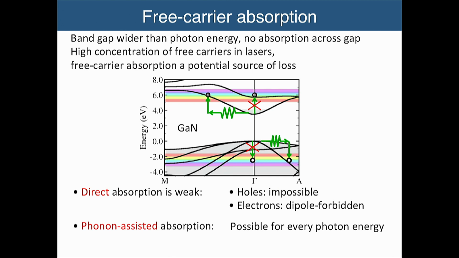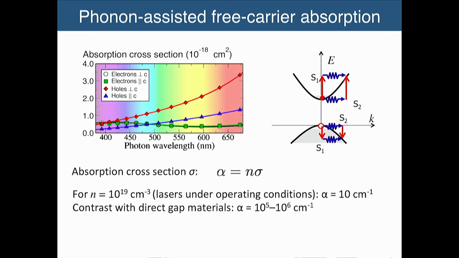Once you factor in phonons, though, those free electrons in the conduction band can absorb the light and go to a different state in this intra-band process mediated by both a phonon and a photon. And that's possible for every photon energy. So that can be a source of loss if you have a doped semiconductor.